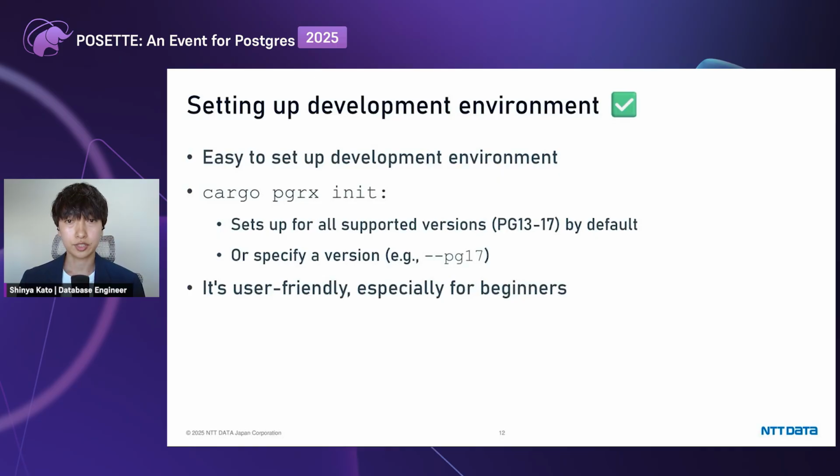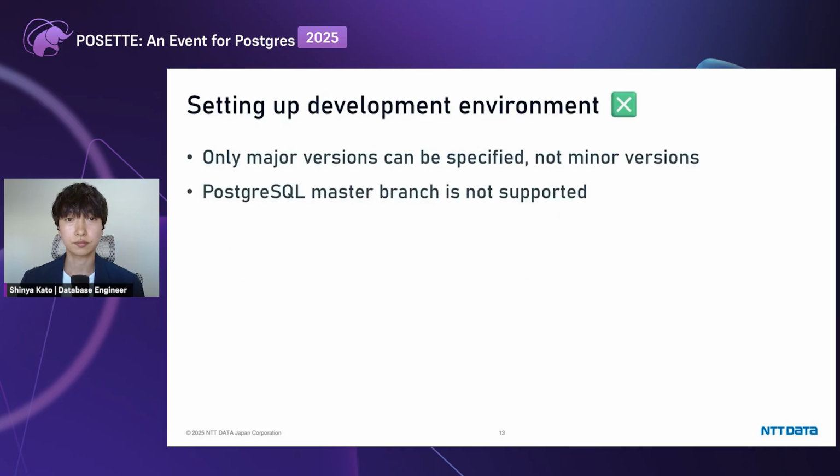You can also create an environment for only a specific version, for example, using a flag like --pg17. I believe this feature is very user-friendly, especially for beginners in Postgres extension development.